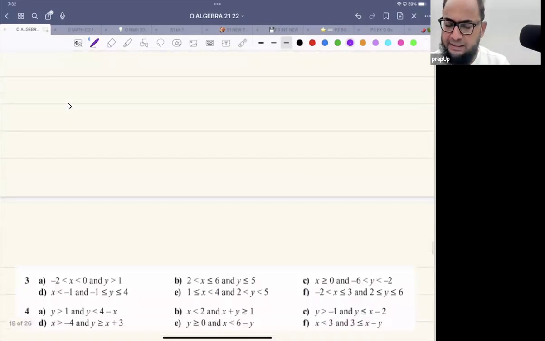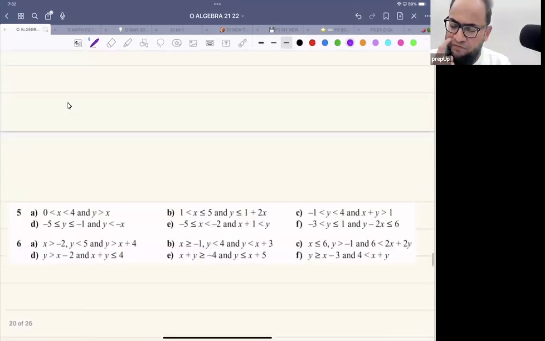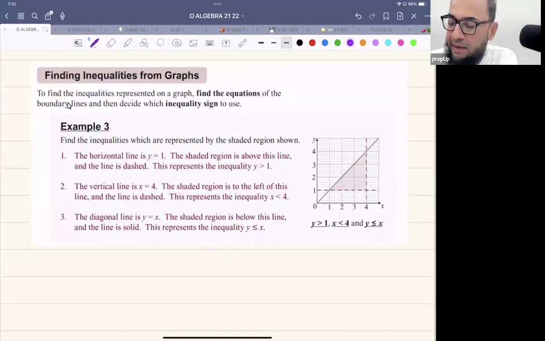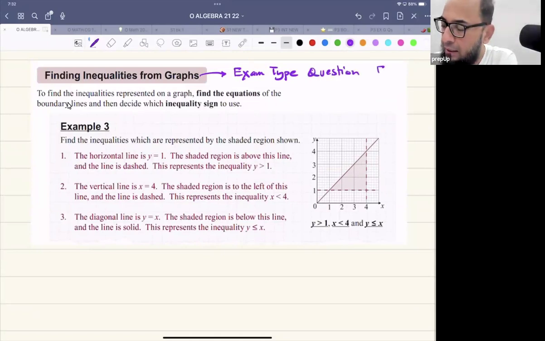So more questions like this, but instead of these questions, I'm more interested in this because that is more of an exam type question. So this is ETQ, exam type questions. Now let's see what it says.